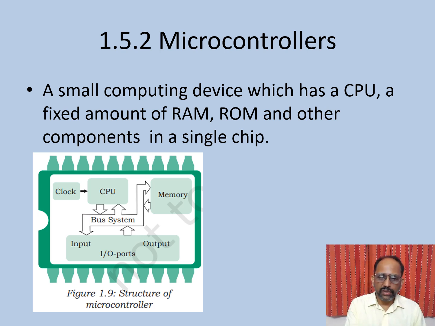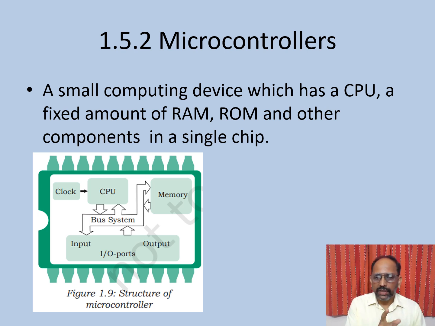In a microprocessor, the control unit and ALU will be present. In a microcontroller, the control unit, ALU, primary memory that includes random access memory, read-only memory, and other components, everything will be present in a single chip.